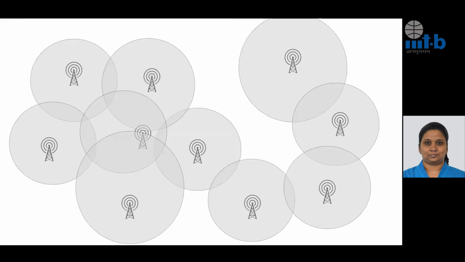And what do we need? For any point that lies in the union of these disks, there should be a disk. These are base stations, and we are assigning frequencies to them. So we'll think of a color given to the vertex, or disk, as a frequency assigned to the base station.